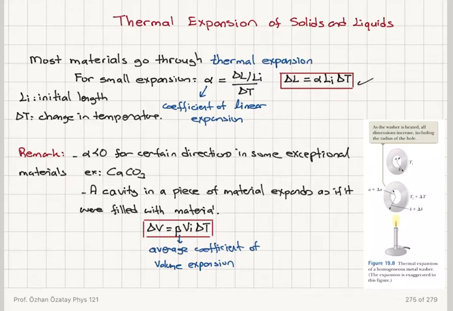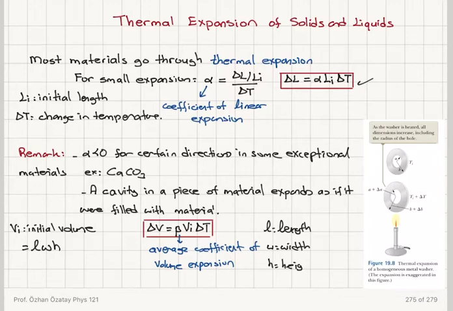For example, let's say that the initial volume is given by length times width times height. So L is length, W is width, and H is height of the material.